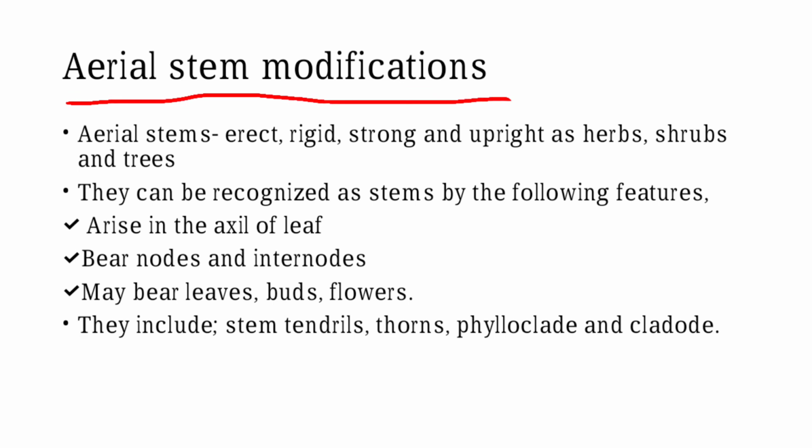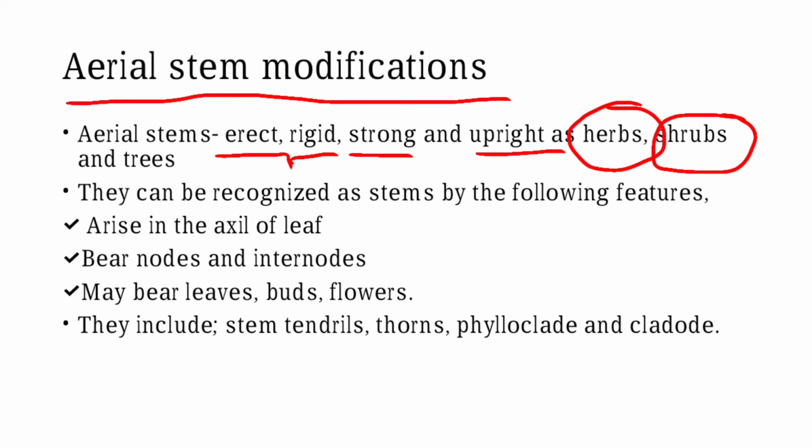Aerial stem modifications are erect, meaning that they are stiff and upright. Rigid, meaning that they cannot easily be bent. Strong, they are not weak. And upright, as I've said earlier on, as is well seen in herbs, shrubs, and trees. They can be recognized as stems by the following features.